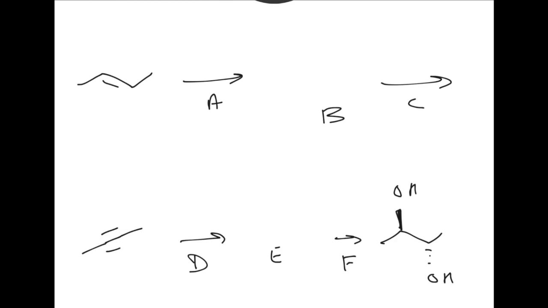Dehydrohalogenation is just a broad term for removing a hydrogen and a halogen. So if I want to make an alkyne, I could take a vinyl halide of some sort and add NaNH2, then water, right? And that would make a terminal alkyne. So that's one way. What's the other way?